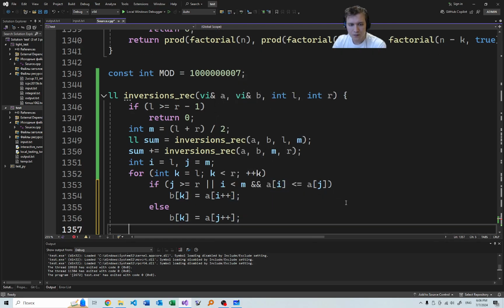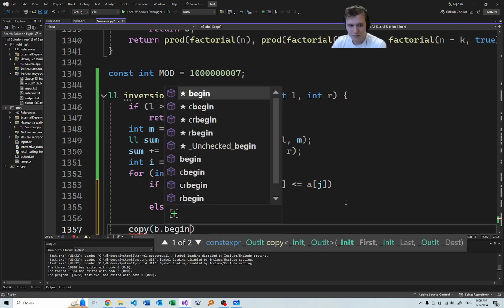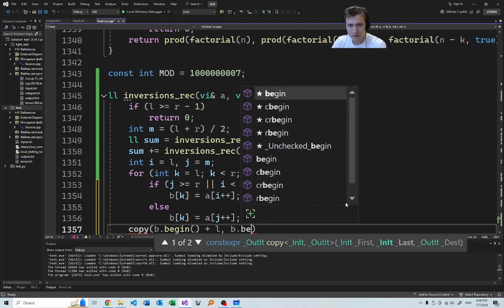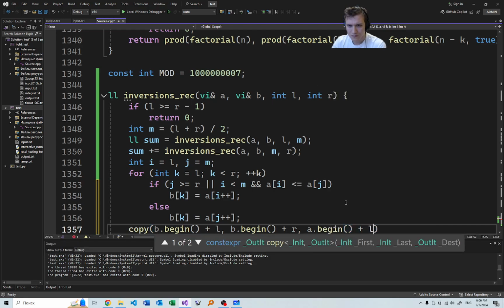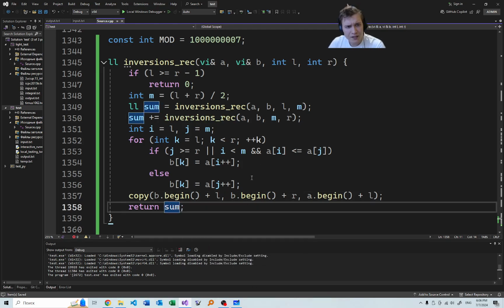And then we need to copy and return sum. But before that, we also need to check the number of inversions. So how do we find the number of inversions?